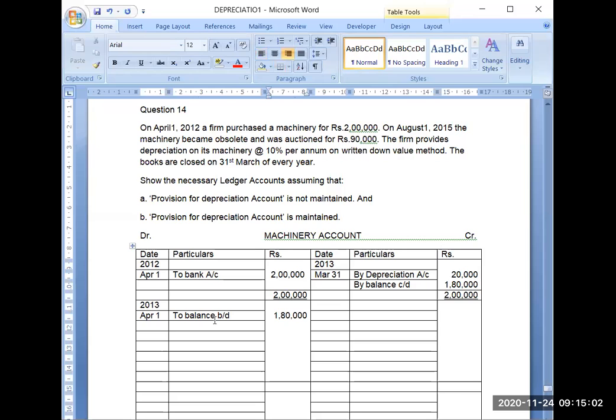Now the financial year, accounting year is 2013-14. Again there is no transaction given in 2013-14. So we will directly reach to March 31st in 2014.